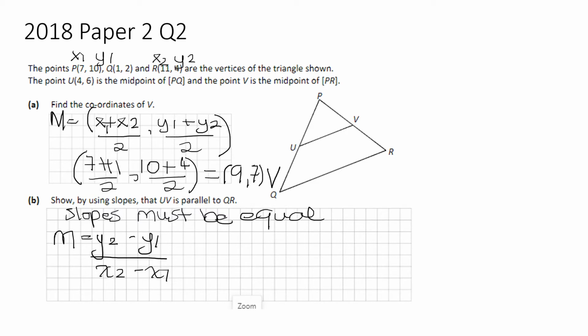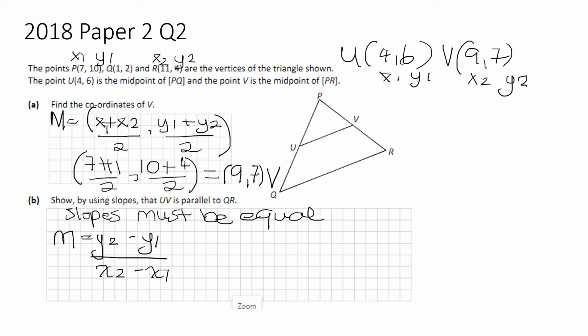I'm going to use U and V this time. U is (4, 6) and V is just what I found, which was (9, 7). I'm going to label them as x1, y1, x2, y2 and just sub them in.